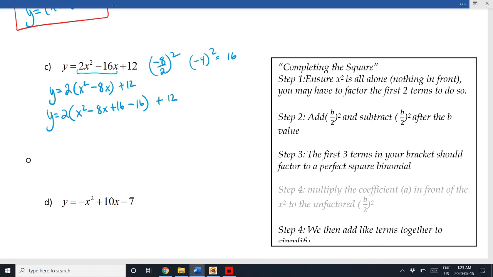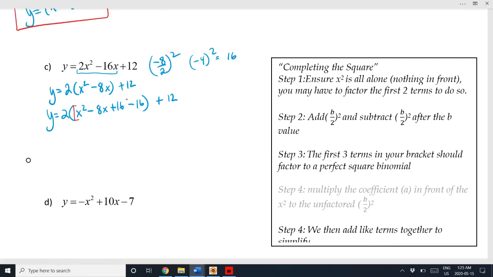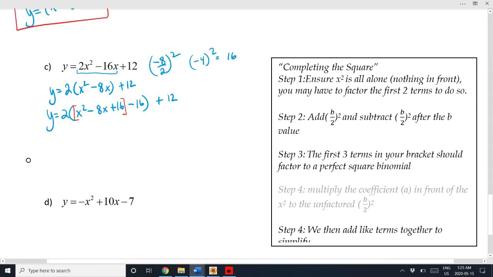Now we need to factor the first three terms within this bracket. So what I like to do is add another bracket in here. And you'll notice again that this is a perfect square trinomial inside, so we can factor it to the binomial. So we just have to think of two numbers that add up to negative 8 but multiply to positive 16, and that's going to be 4 and 4.